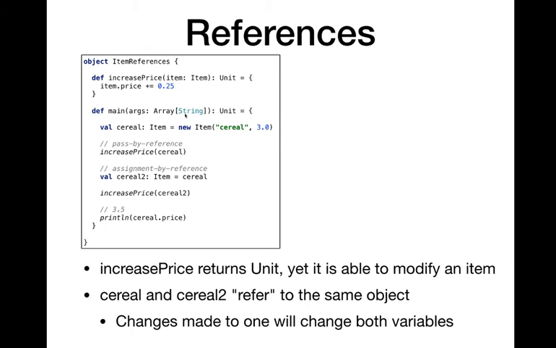Now when I say increase price of cereal2, increase price gets that same reference. There's only one reference in this entire program, and that was created right here. When I call increase price of cereal2, it has that only reference that we've created. We've only created one item, and it's never been duplicated. When I increase this price, well, guess what? The original cereal variable reflects that change because they're referring to the same object.